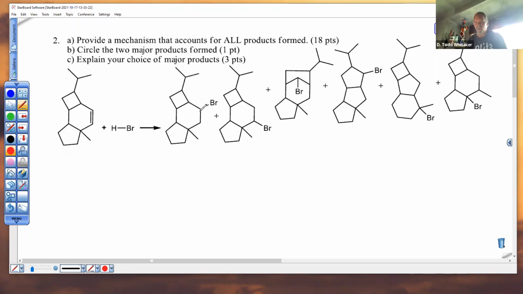You want to get 12 points? Have a Br minus lone pair attack that carbon, that's the cation, to get these products. 12 points. Wow. So I've never given this nice little giveaway before.